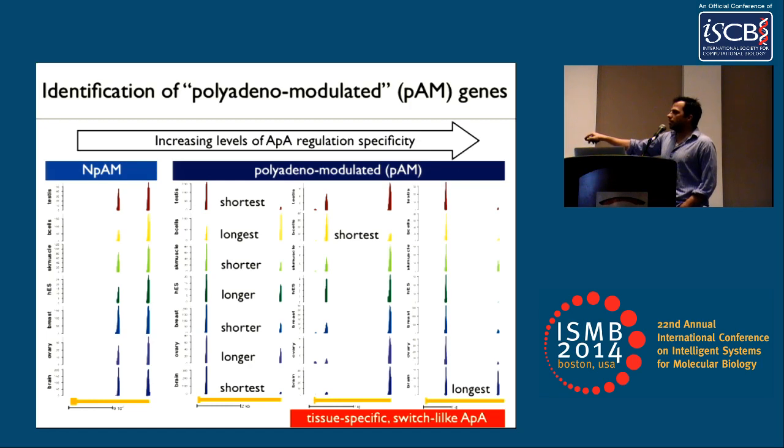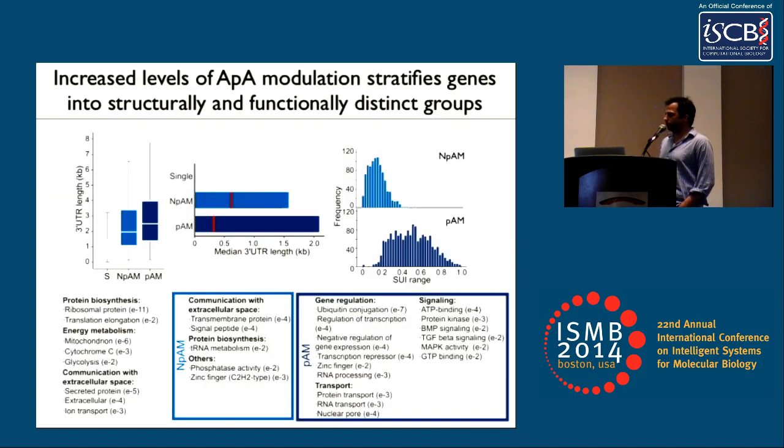When you look at these type of genes, which exhibit switch-like behavior in their APA, so in B cells here, this gene is not only short, but it's a lot shorter in B cells than they are anywhere else. And this gene here in brain is a lot longer in brain than it is anywhere else. So these are also PAM genes, but they exhibit the switch-like behavior. And we're going to look at how this plays out in terms of functional classes of genes in a minute.